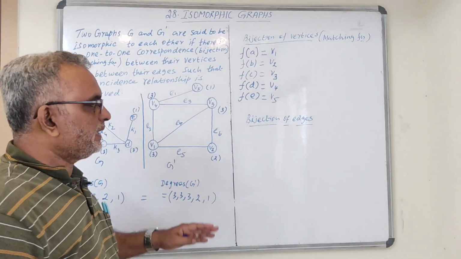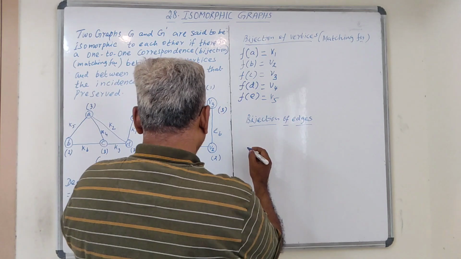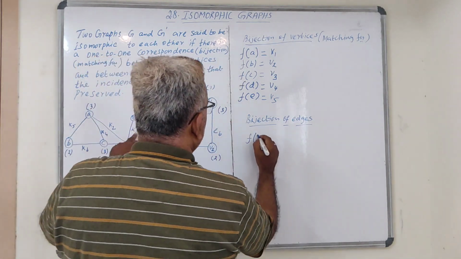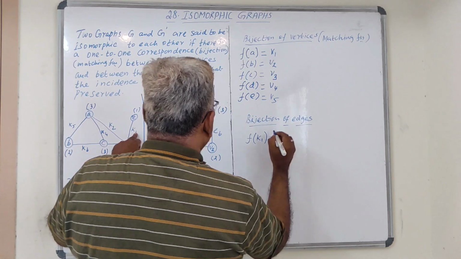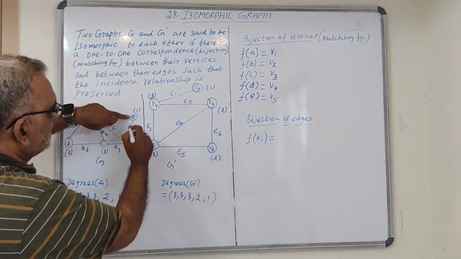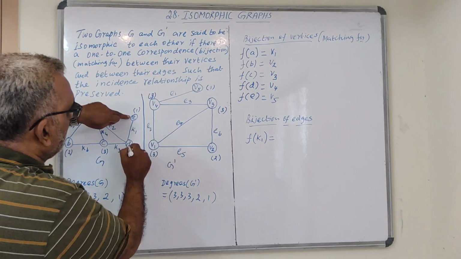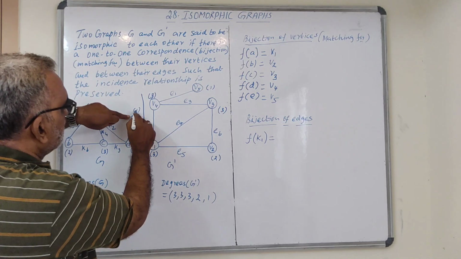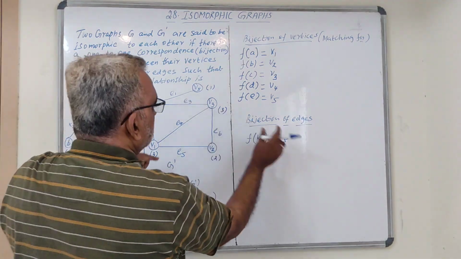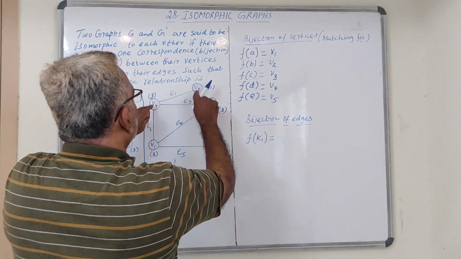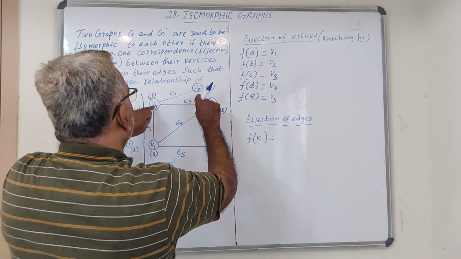Similarly, we have to do the comparison with the edges. As far as edges are concerned, we have the edge K1. K1 is connected with two vertices, that is E and D. Their degrees are 1 and 3. Take the edge E1. It is connected with two vertices, V5 and V4.